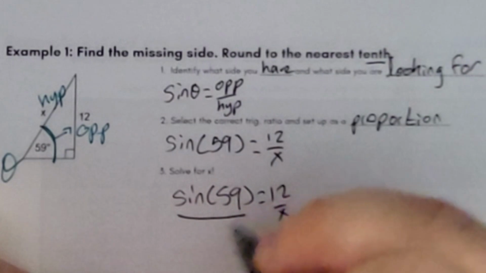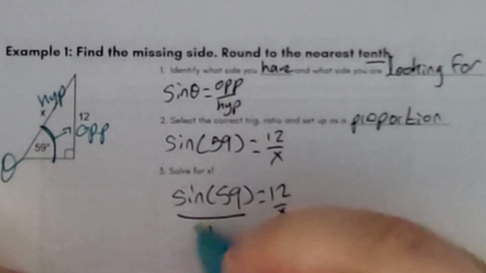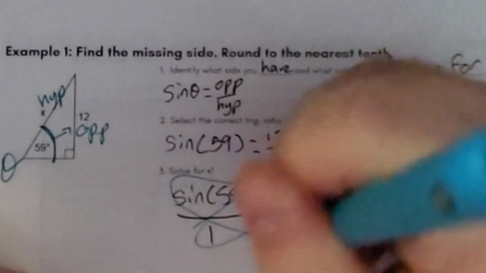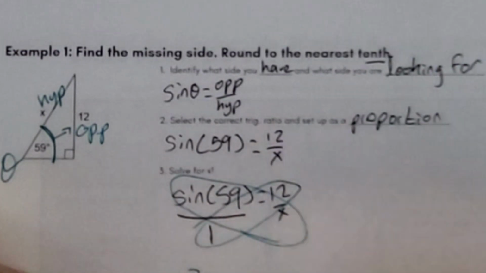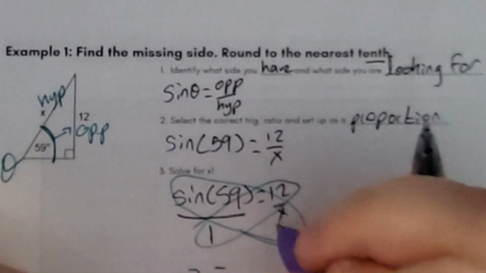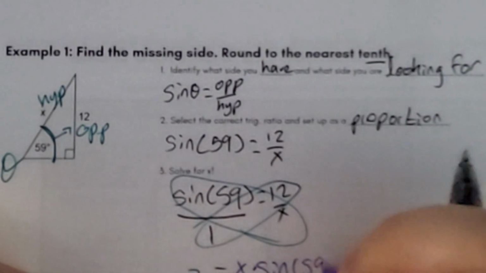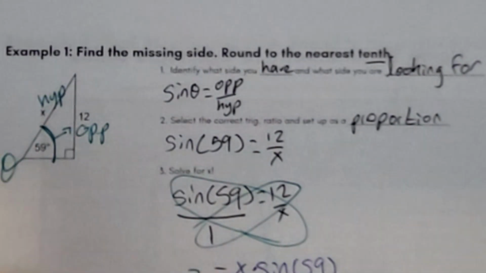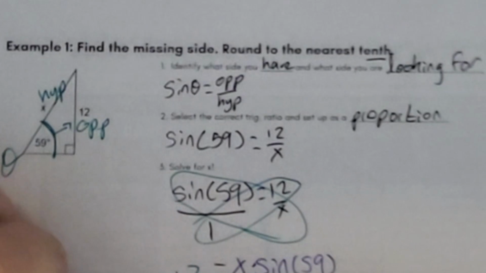I'm going to put sine of 59 over 1 because then, just like 4.1, we can cross multiply. So we get 1 times 12, which is equal to 12. And then we get x times sine of 59. Now we have 12 equals x times sine of 59.